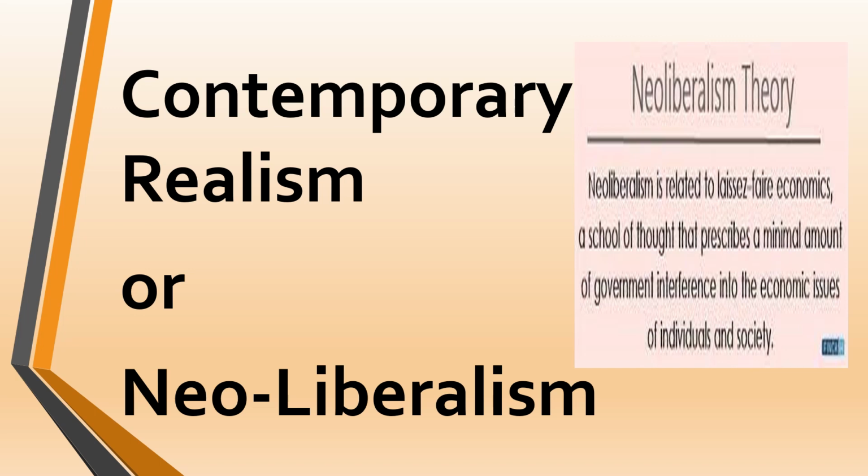This form of neo-realism is further divided into two subgroups: offensive neo-realism and defensive neo-realism. While offensive neo-realists emphasize the importance of relative power, the defensive neo-realists are often confused with neoliberal institutionalists, a branch of liberalism, which will be taken up in detail in the next unit.